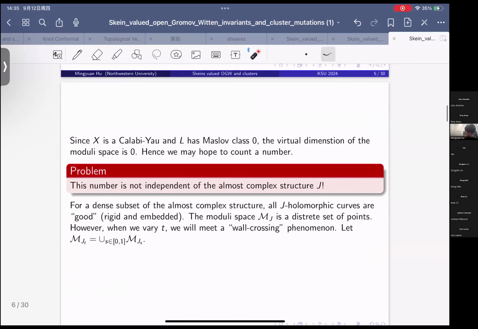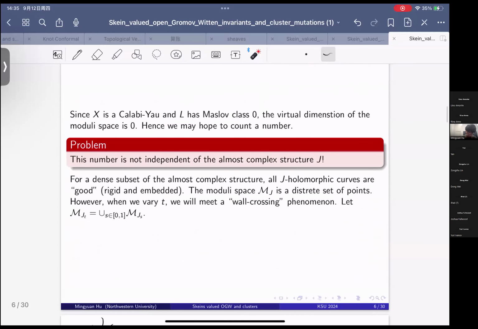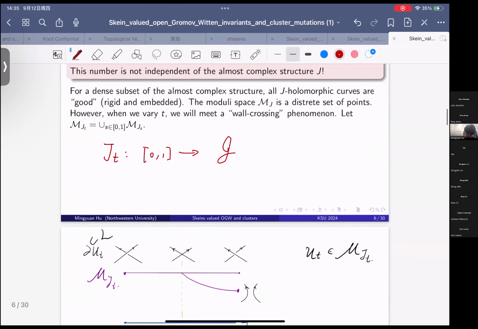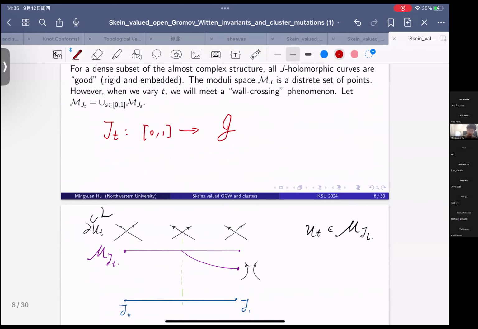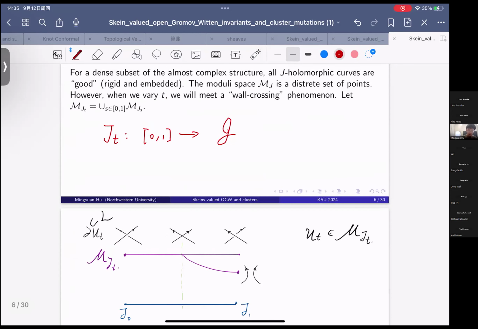If we have a family J_t, from 0 to 1, in the moduli space of almost complex structures, what will happen? For a good almost complex structure, the moduli space of J-holomorphic curves is just some discrete points, because it's of dimension 0.